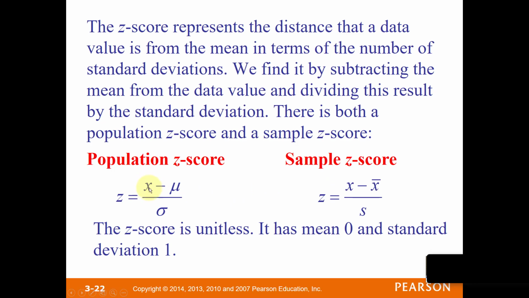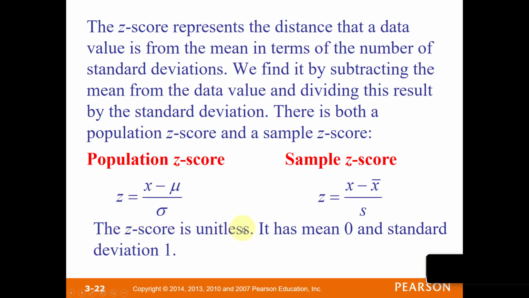Notice here, if x is below the mean, the subtraction will be negative, and therefore your z-score will be negative. The same over here. If x is less than x bar, the subtraction will be negative, and your z-score will be negative. However, on the other hand, if your data value is above the mean, the subtraction will be positive, and then your z-score will be positive.